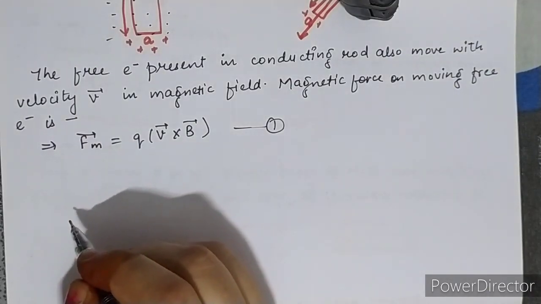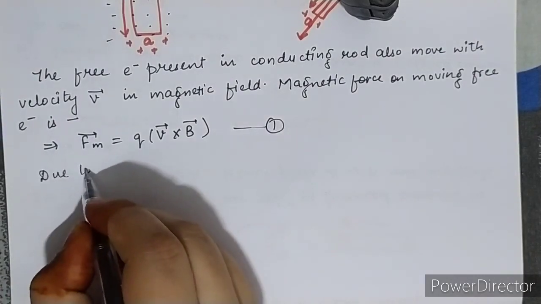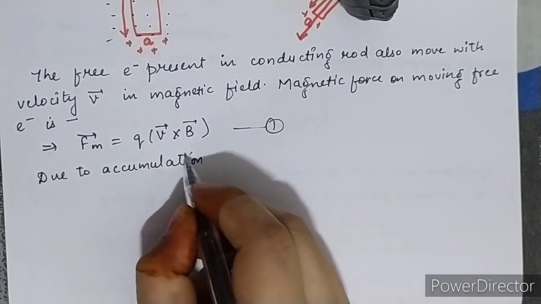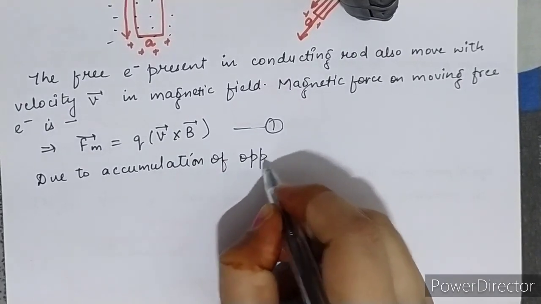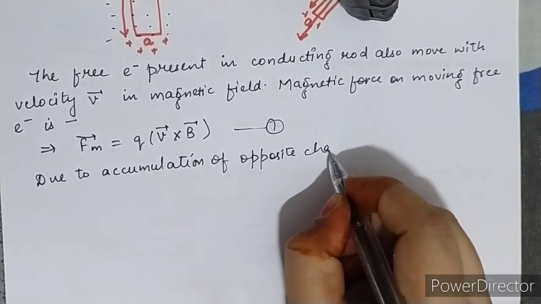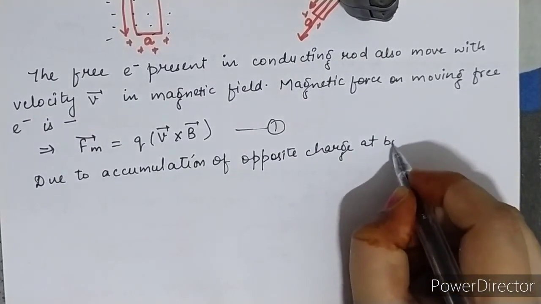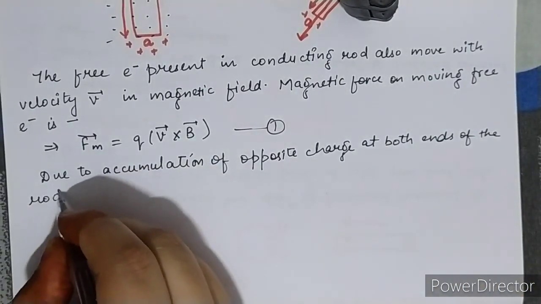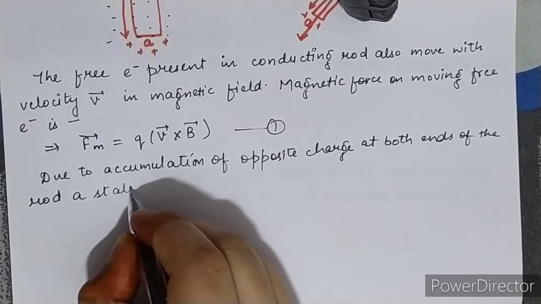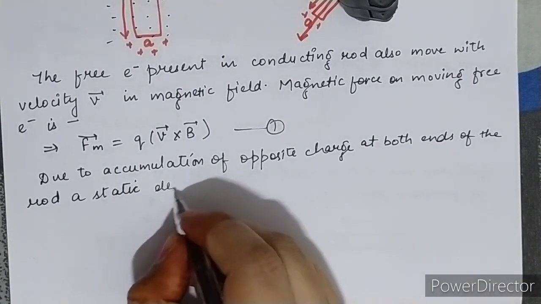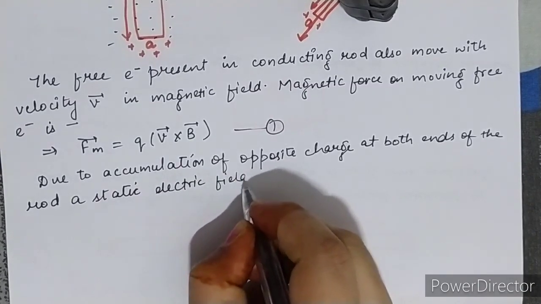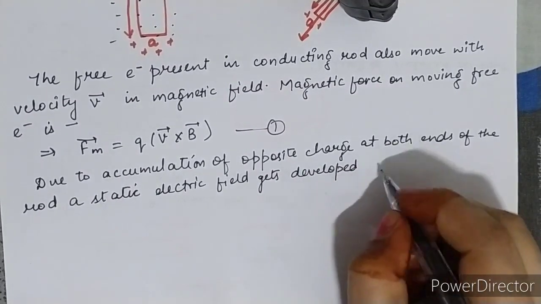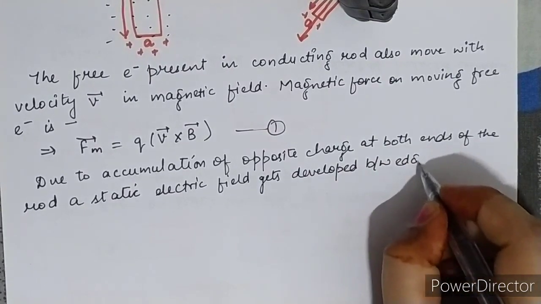I will just be writing ahead that due to accumulation of opposite charge at both ends of the rod, a static electric field gets developed between the edges.